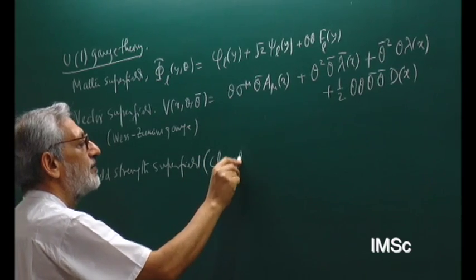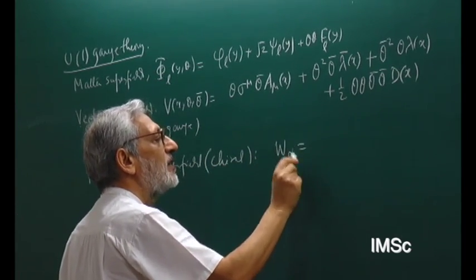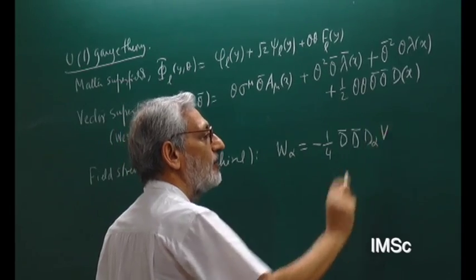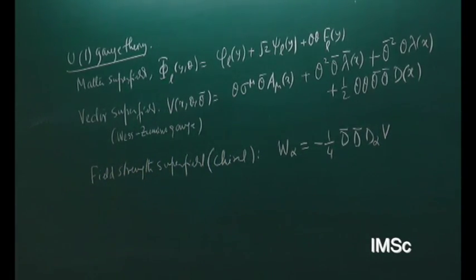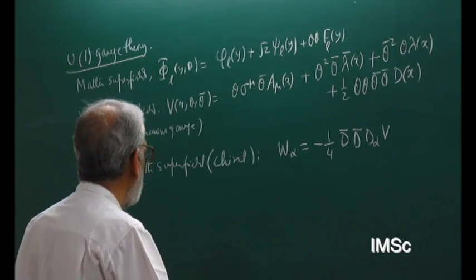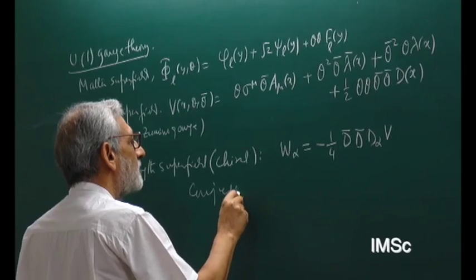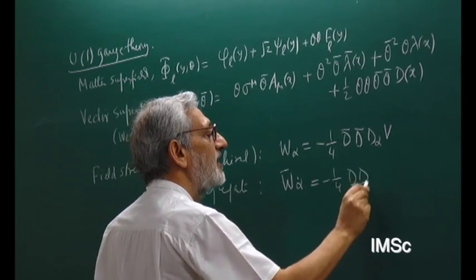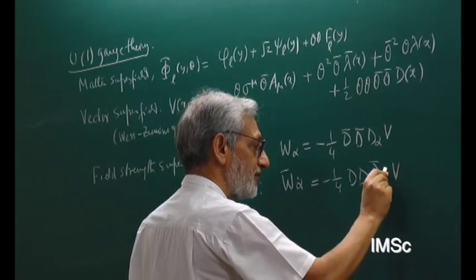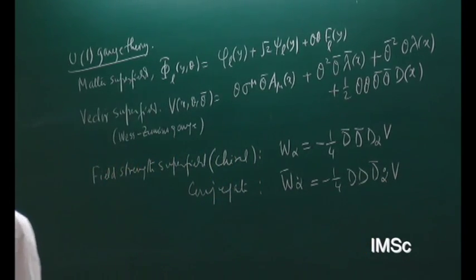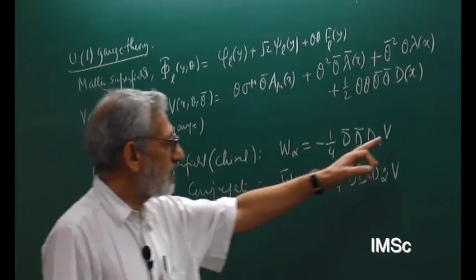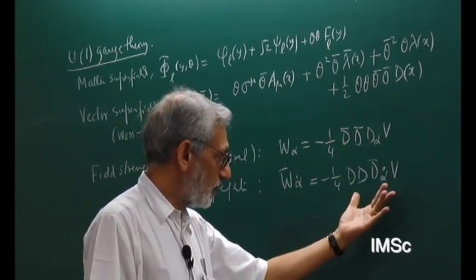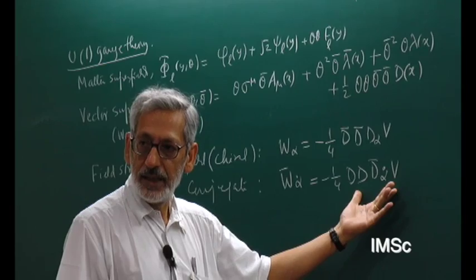It's a chiral superfield, W_alpha equals minus 1/4 D-bar squared D_alpha of V, and its conjugate, W-bar_alpha-dot, as 1/4 D squared D-bar_alpha-dot of V. V is a function of x, theta, theta bar, but this combination is a function of y and theta only because it's a chiral superfield. Similarly, this is a function of y bar and theta bar.